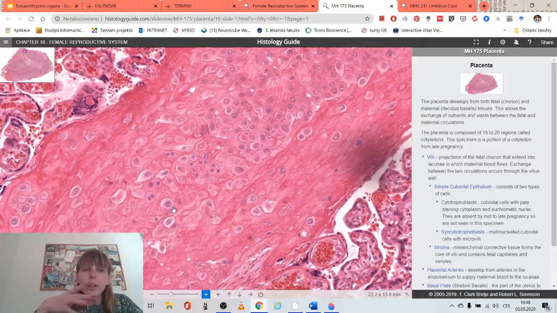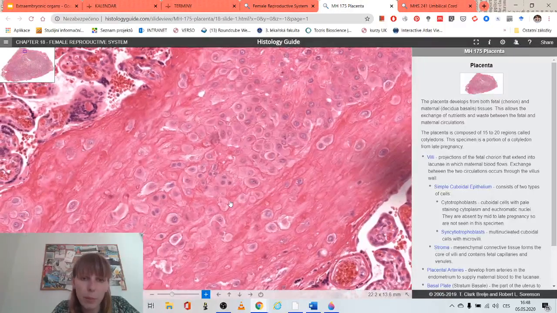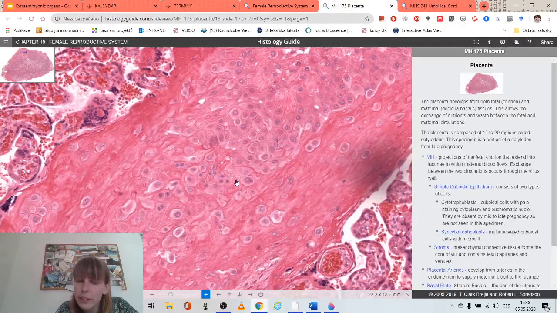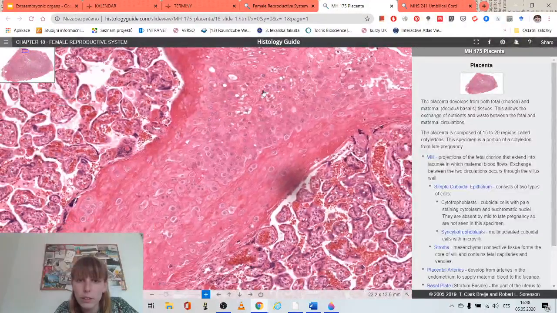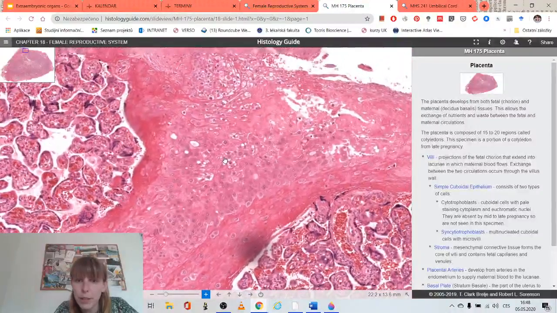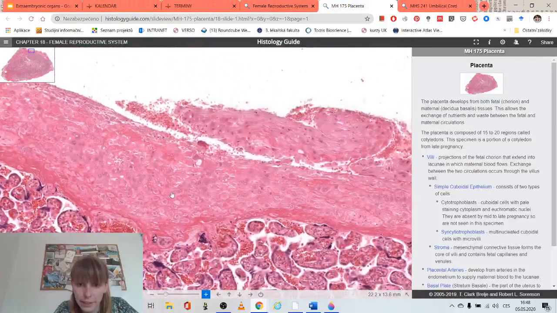And so this should already remind you of what we covered at the beginning of the practice. So this is a beautiful example of decidual cells. So this is part of the maternal part of the placenta. This is the decidua basalis.